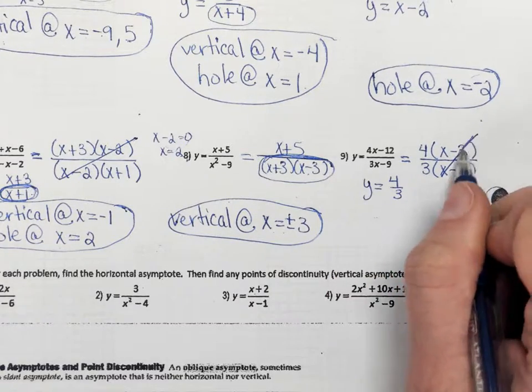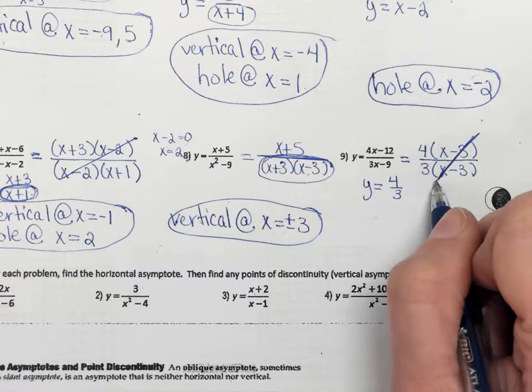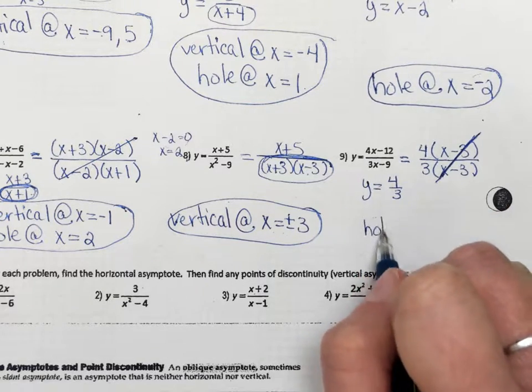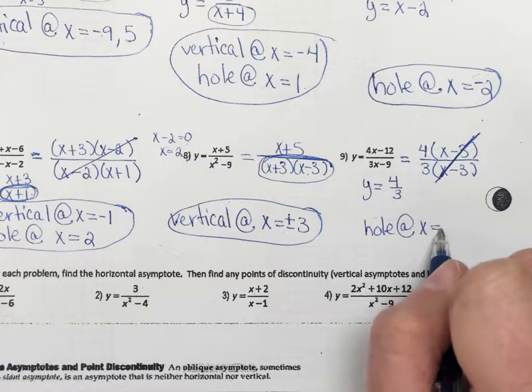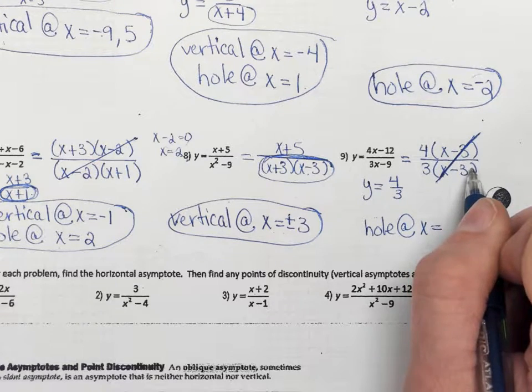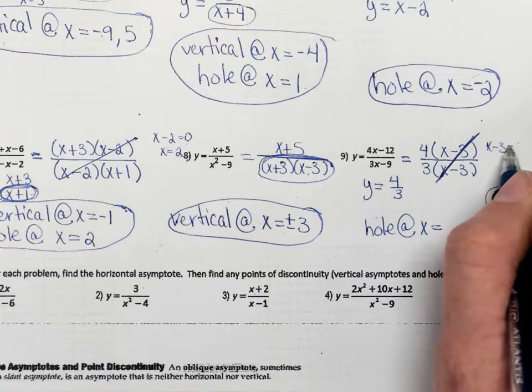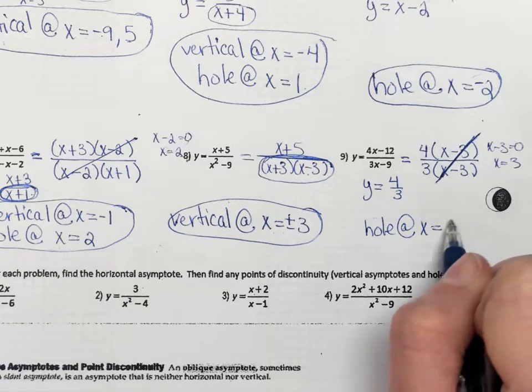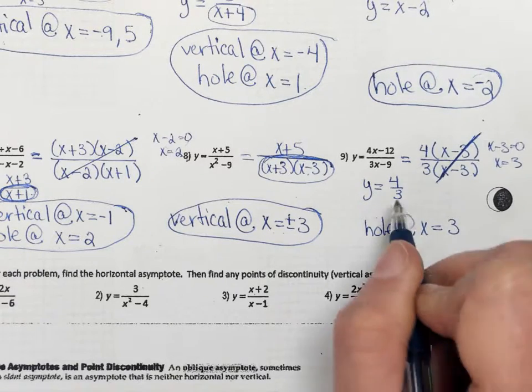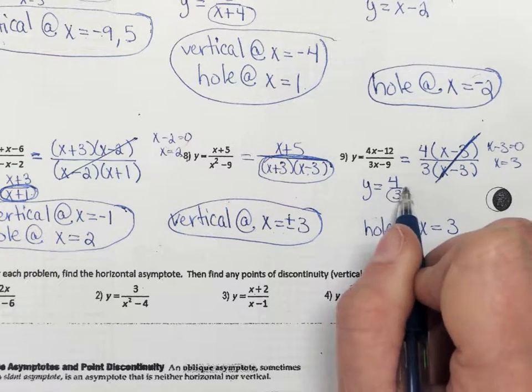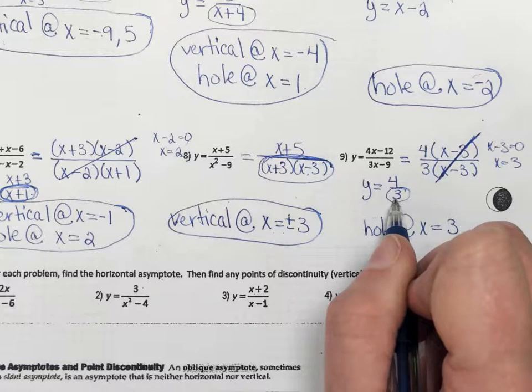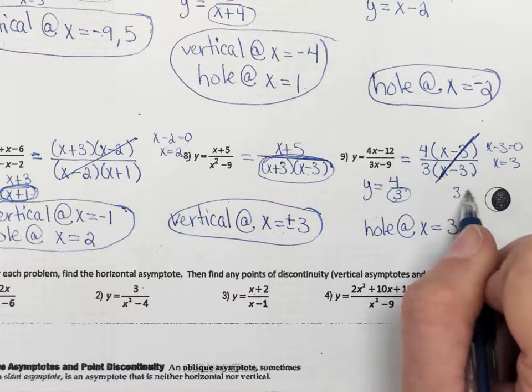If I took it out of my equation, I took it out of my graph, which means I have a hole at x equals, if I were to set that equal and solve, x equals positive 3.